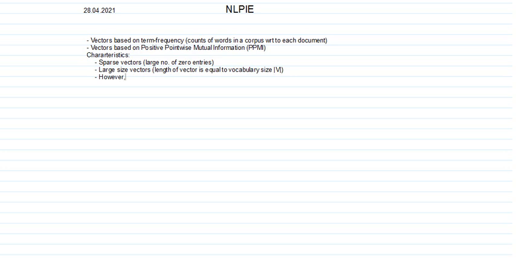We can reduce the size using dimensionality reduction techniques such as PCA, SVD, etc. Right? We did not see the dimensionality reduction, perhaps, but it can be done.